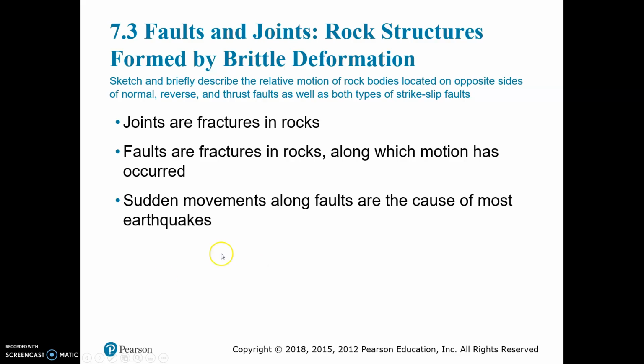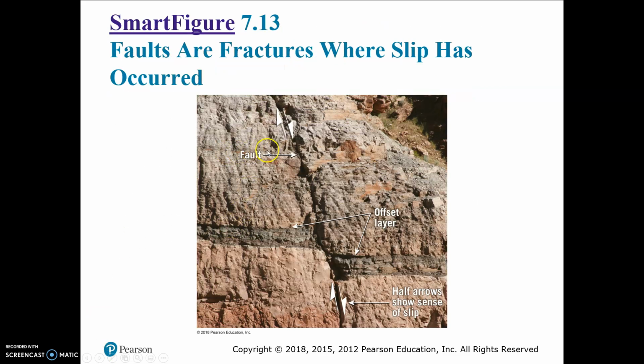Now looking at brittle deformation, or the breaking, we can have joints or faults. Of course, we know with faults, this is where motion has occurred. This is where a lot of our earthquakes are going to happen. And so what happens is you get a break in the rock. So we can see this fracture that has occurred within these rock layers, and we can also see where we now have offset here.